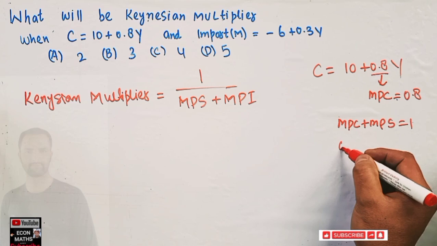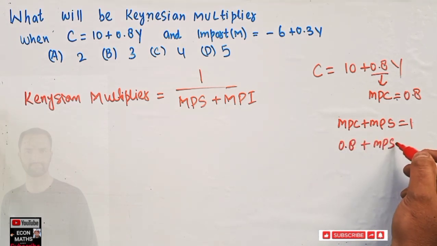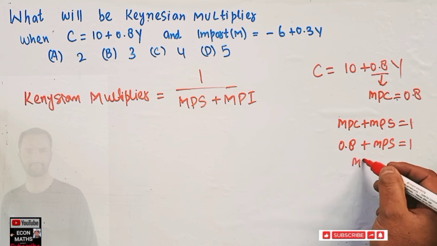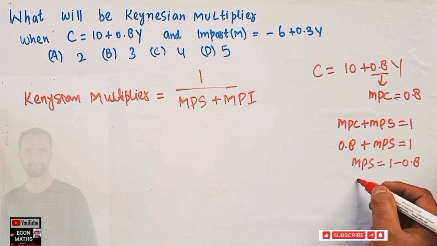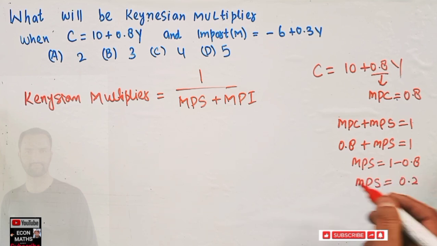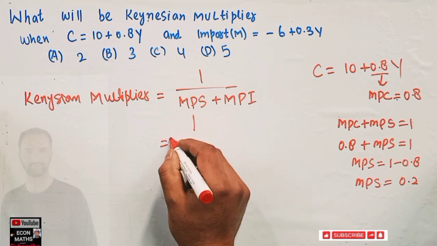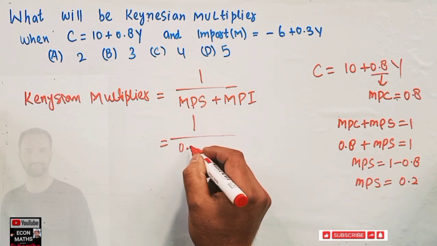MPC is 0.8, so 0.8 plus MPS is equal to 1, or MPS is equal to 1 minus 0.8. That means our marginal propensity to save comes out to be 0.2. So we can write here 1 upon, in place of MPS, the value 0.2.